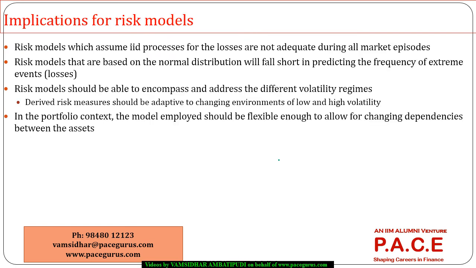So the final implications for the various risk models: what we are more concerned of is the risk models which assume that the processes are independent and identically distributed for the losses. They are not adequate because there is a lot of dependency between the variables, and even the distributions are not identical because we see that the correlations are different, the variances are different, all values are different across time.